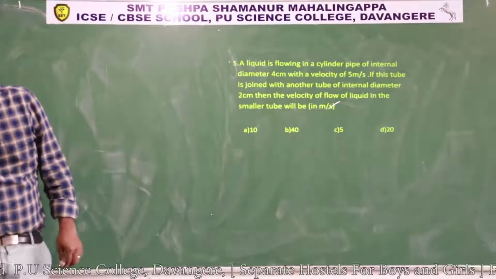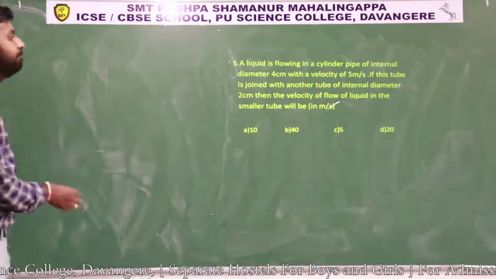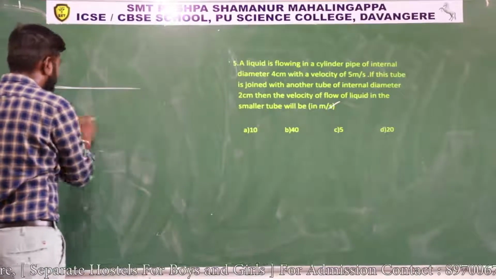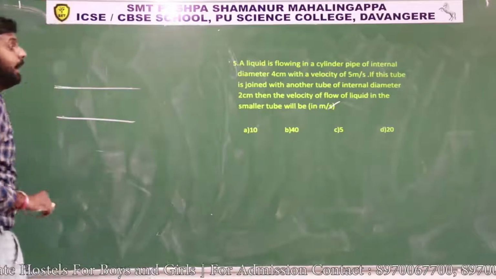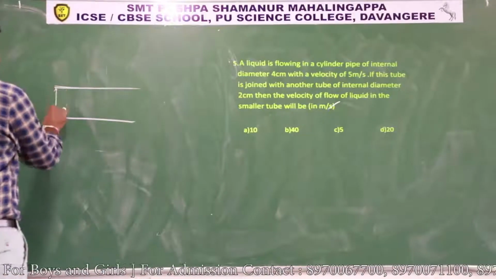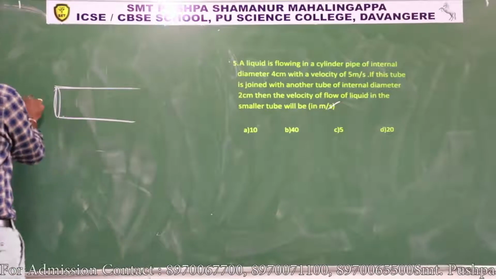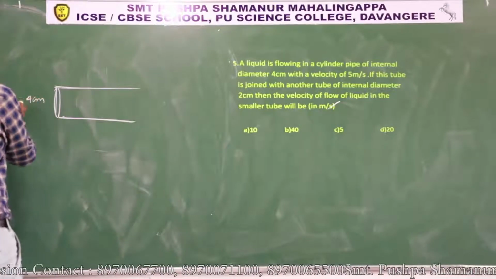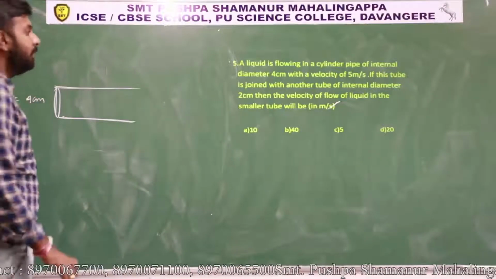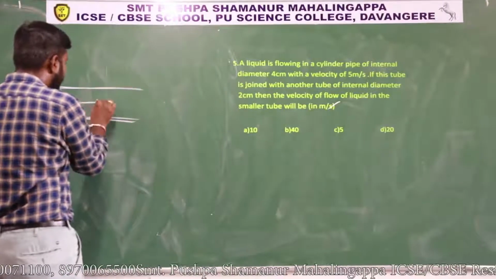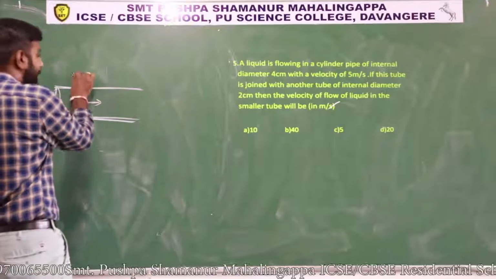So let us consider this diagram. In a cylindrical pipe, the liquid is flowing and its diameter value is given, that is 4 centimeter. And what is the speed of the fluid elements or liquid here? The speed is given.